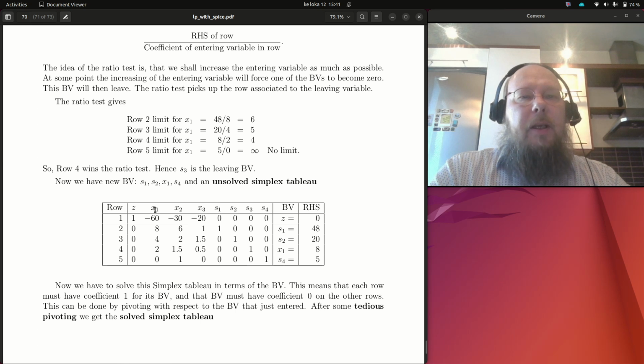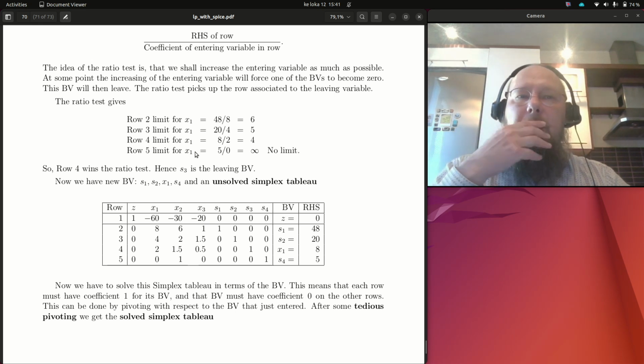We are increasing it. So what is the row 2 limit for x1? It's 48, that's the right hand side of the row. That's the value of the slack divided by 8, because each 1 unit increase in x1 increases here 8 units, and we have 48 units in total there. So 48 over 8, that is 6, is the ratio test for row 2.